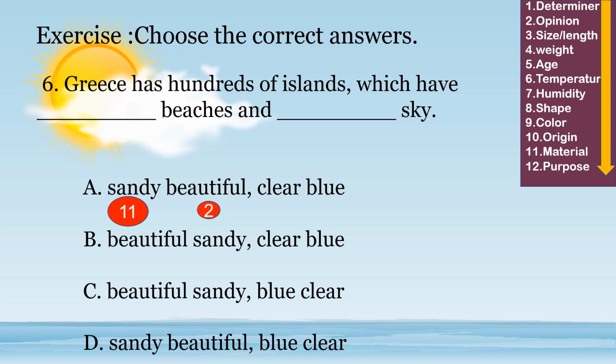And then clear is, let's say, opinion, so it's number 2. And blue is color, it's number 9. So we arrange these adjectives based on their order. So the answer is, Greece has hundreds of islands which have beautiful sandy beaches and clear blue sky.